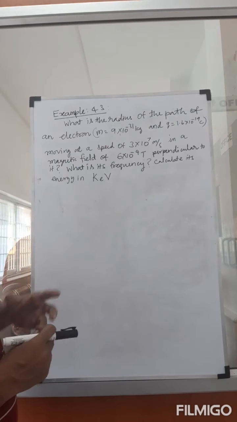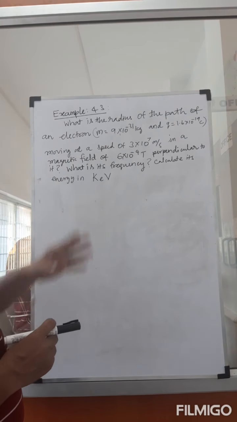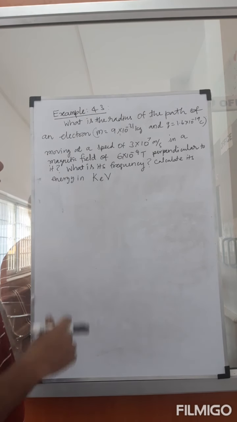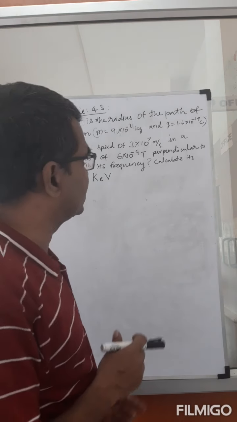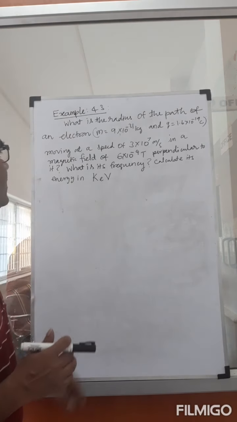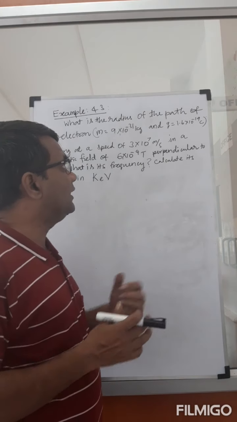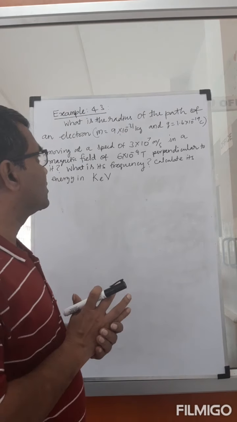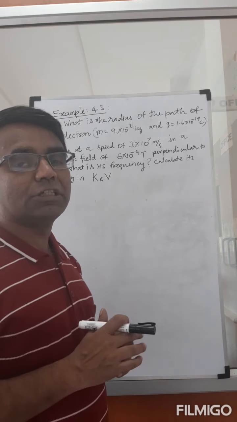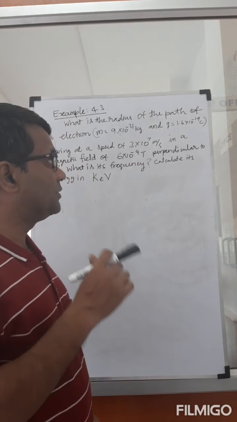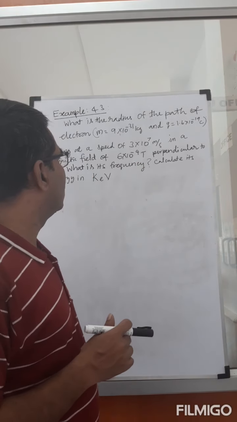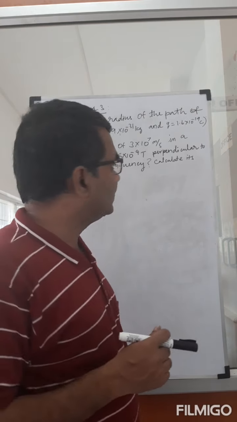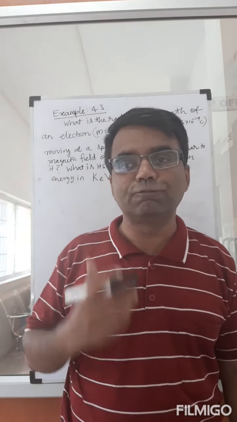It says, what is the radius of the path of an electron whose mass is 9 into 10 power minus 31 kg and the charge is 1.6 into 10 power minus 19 coulomb, moving at a speed of 3 into 10 to the power 7 meter per second in a magnetic field of 6 into 10 to the power minus 4 Tesla perpendicular to it. What is its frequency? And calculate its energy in kilo electron volts.